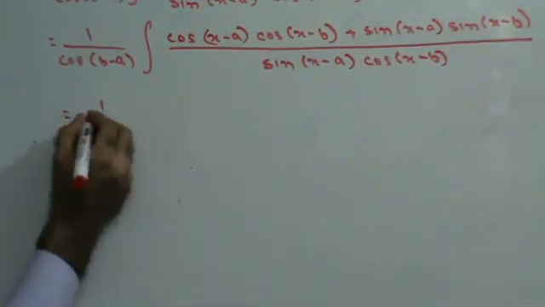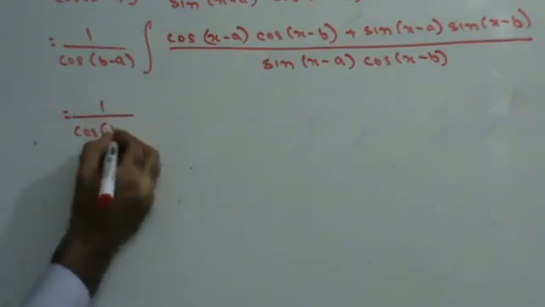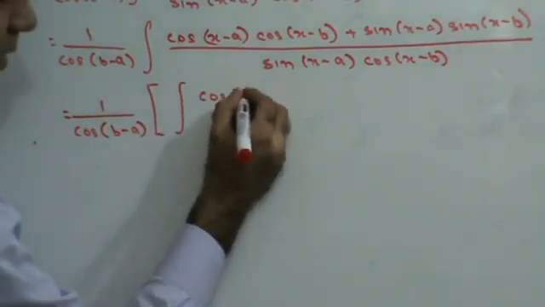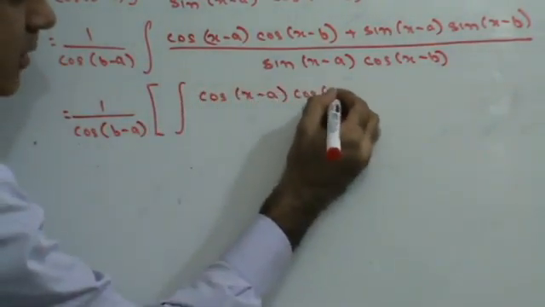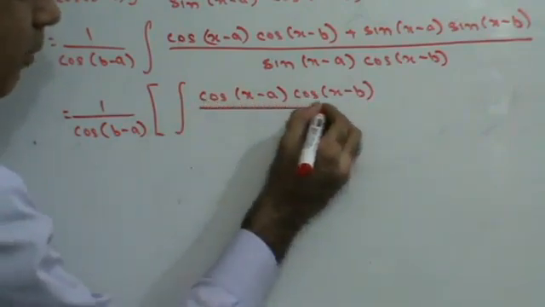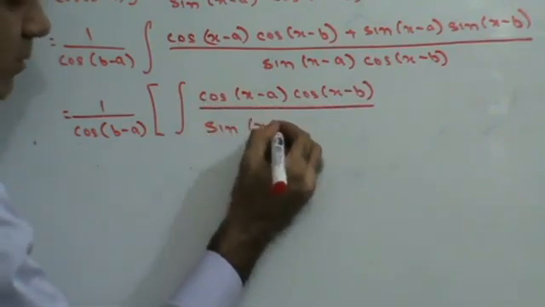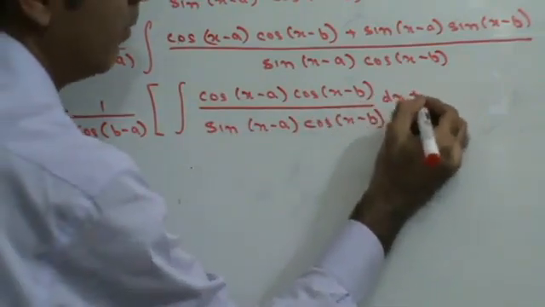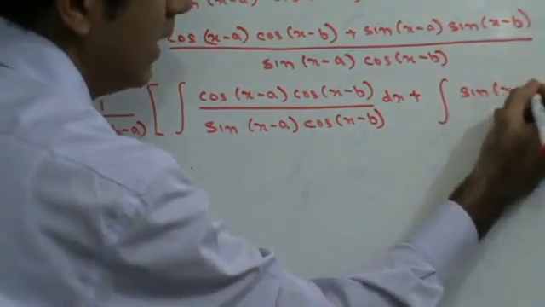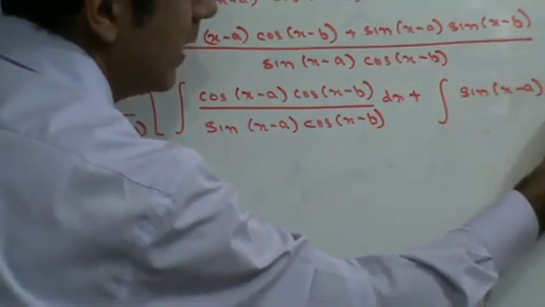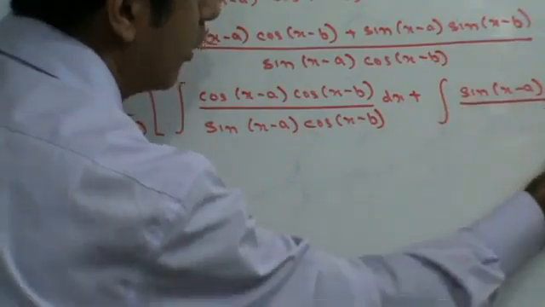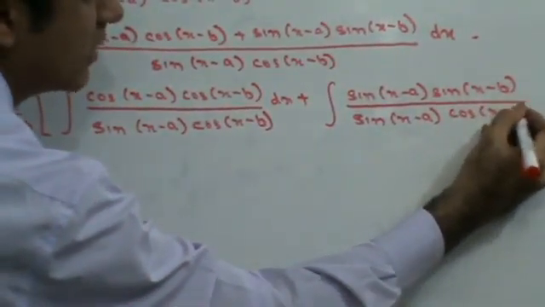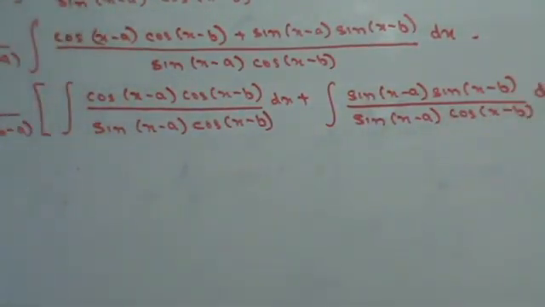Split the numerator. So 1 upon cos(b minus a), integral of cos(x minus a) cos(x minus b) upon sin(x minus a) cos(x minus b) dx, plus integral of sin(x minus a) sin(x minus b) upon sin(x minus a) cos(x minus b) dx. Right?